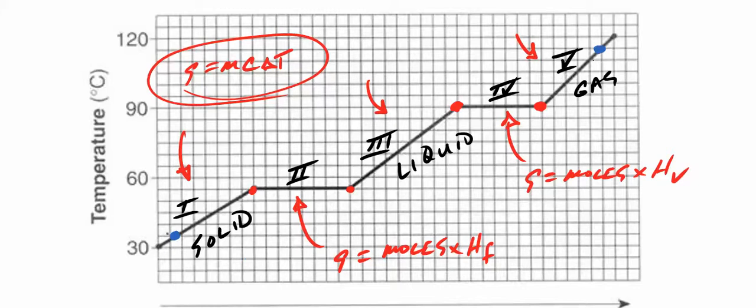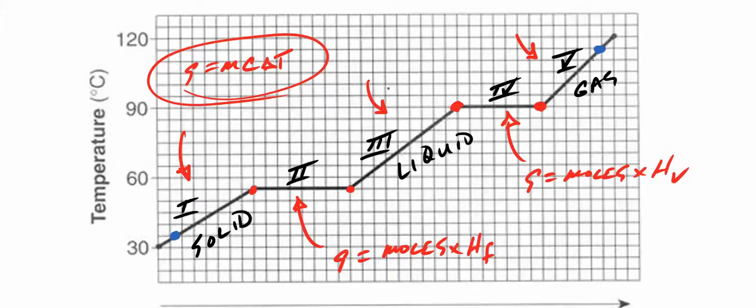So to do that, you're going to use this formula mc delta T to go from the cold solid to its melting temperature, right? And then you're going to use this formula to melt the substance, and then you're going to use this formula again, Q equal mc delta T, to heat up the liquid, and then you're going to use this formula to determine the amount of heat necessary to vaporize the liquid.